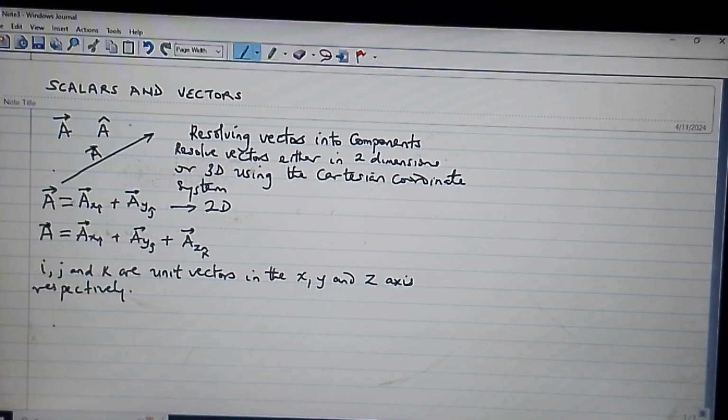So assuming I have a vector A in 3 dimensions, say A_x i plus A_y j plus A_z k. Then I have a second vector B is equal to B_x i plus B_y j plus B_z k.